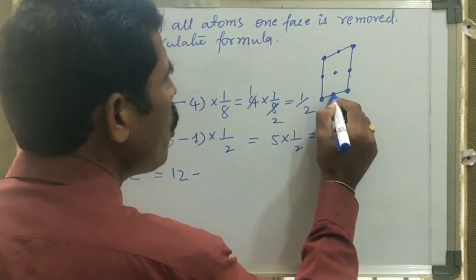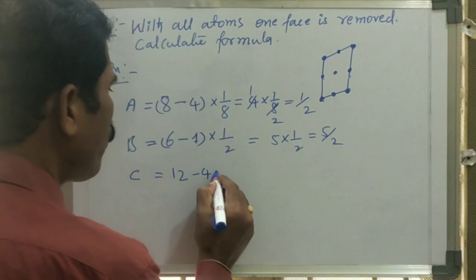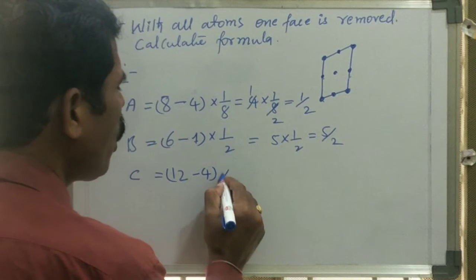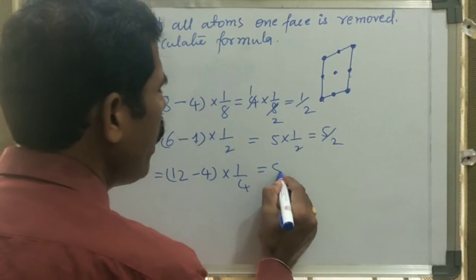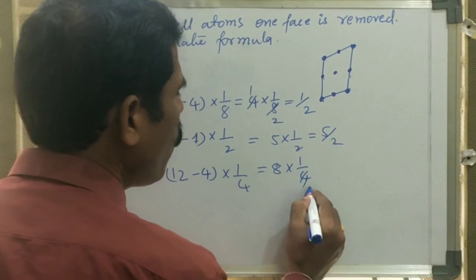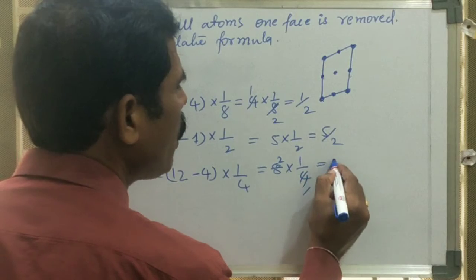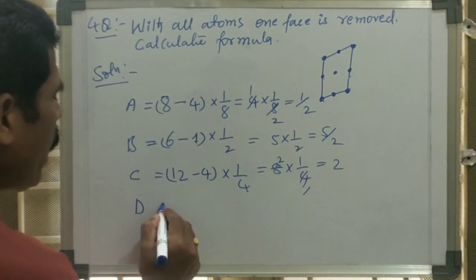Here how many edges are removed? 1, 2, 3, 4. You have to write 4, and its contribution is 1 by 4. So finally you will get 8 into 1 by 4, which is equal to 2.